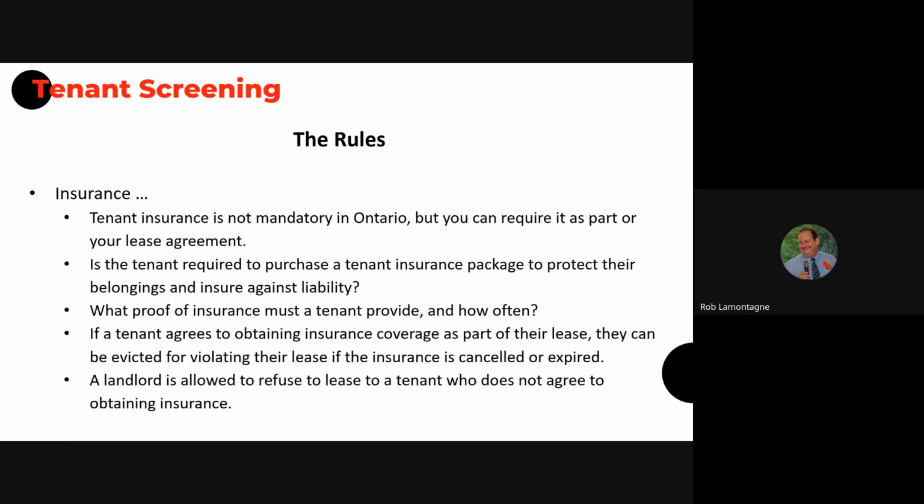And a landlord is allowed to evict a tenant who cancels their insurance if it's in the lease that they will have insurance. Again, this is why we're setting this up. It's very important that the rules be clearly defined before the tenant signs the lease and that any of the rules be reflected in the lease.